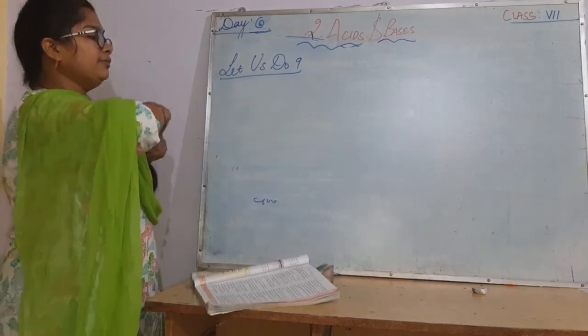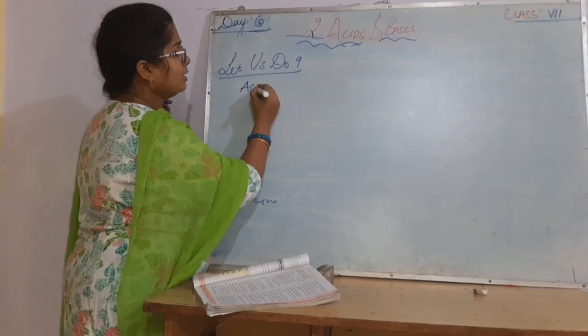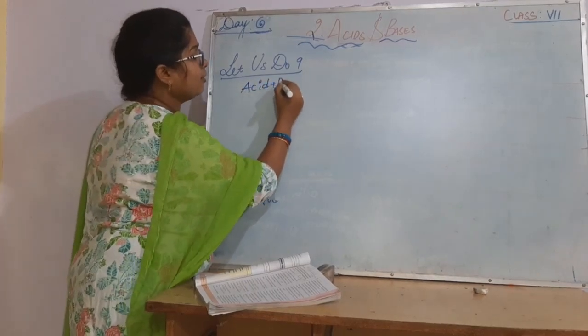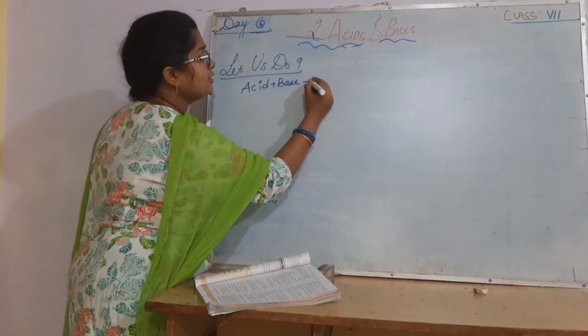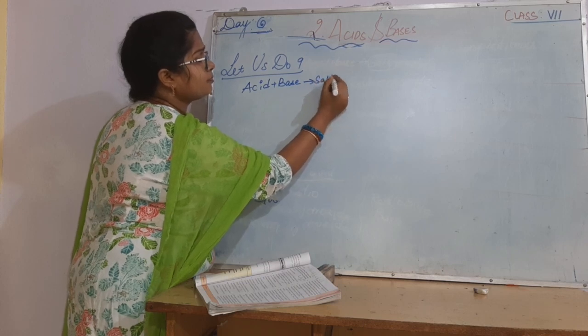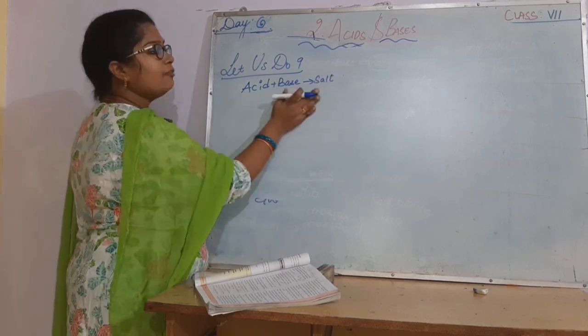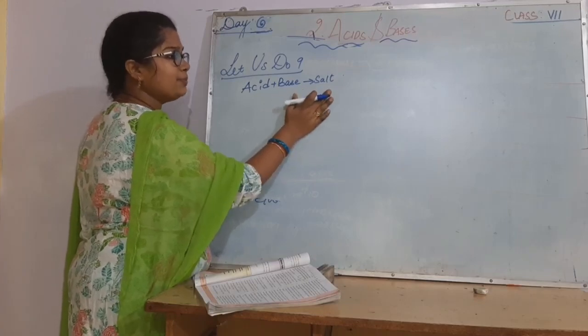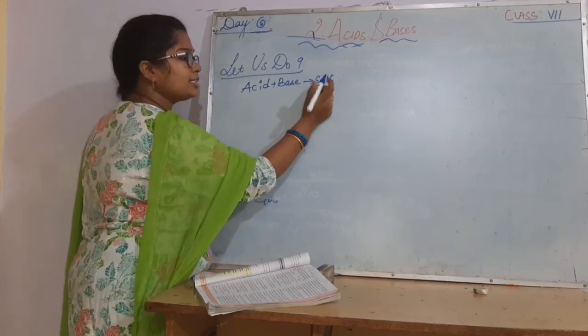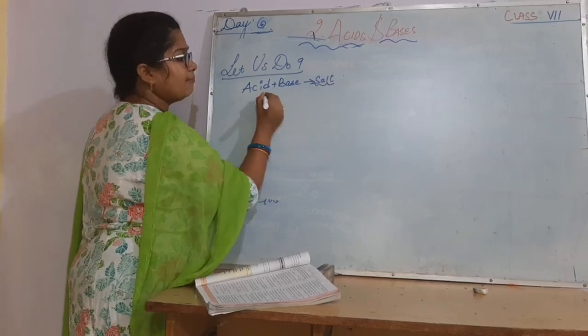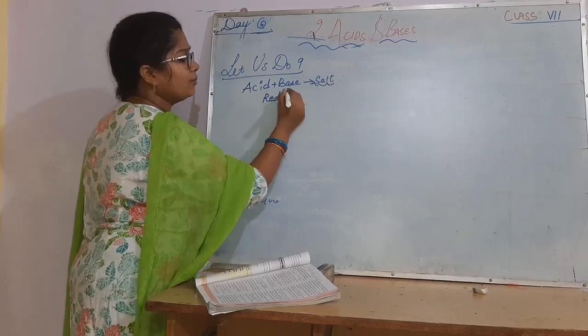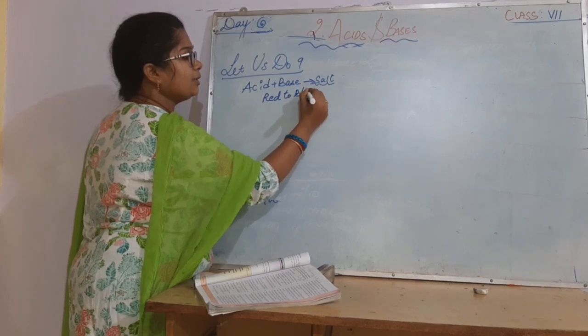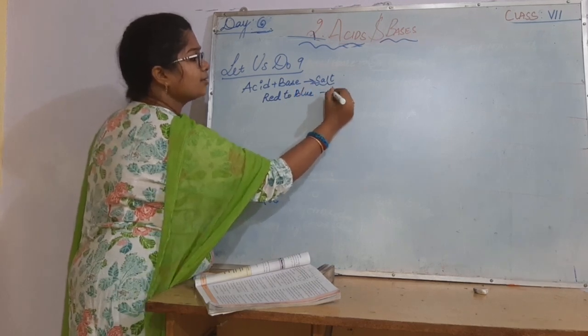See, as we have discussed, if you mix acid and base in a proper amount, a salt is given out. If you test this salt with a litmus paper, if this salt changes red to blue, then it is said to be a basic salt.